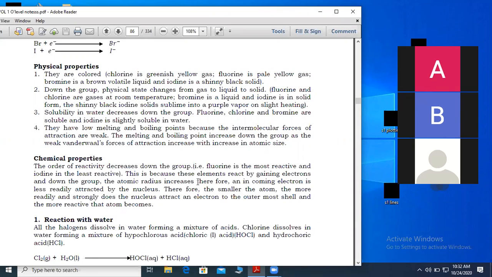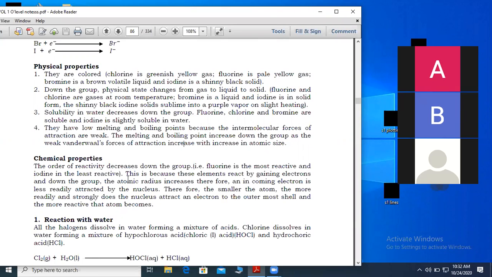This is because these elements react by gaining electrons, and down the group, the atomic radius increases. We don't need to go into details of atomic radius; we shall look at that in senior 5.